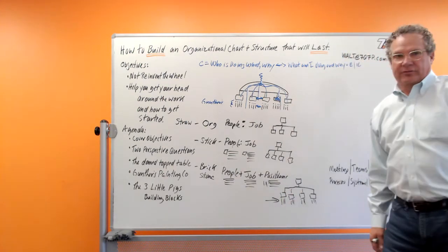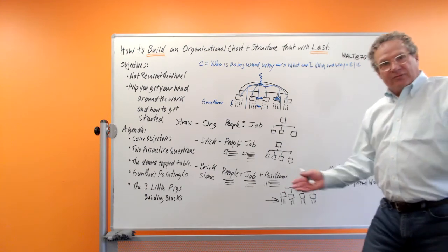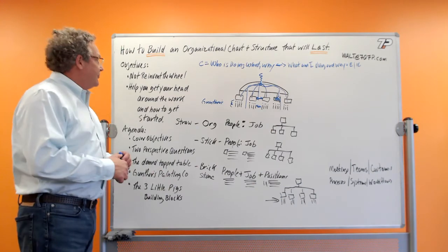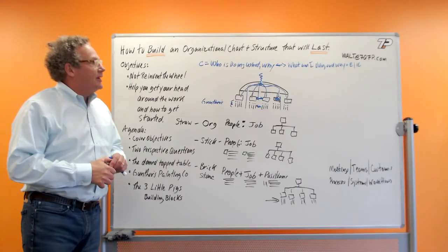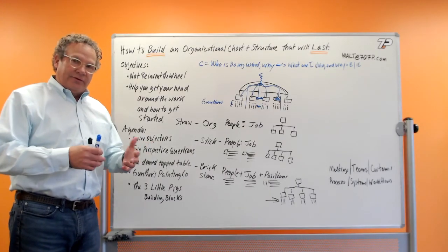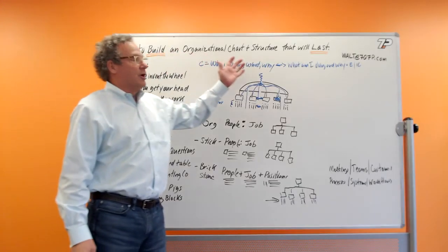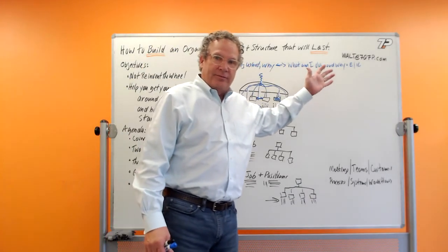These people are going to be answering that question. That's enough for now. It goes deeper, but I hope this helps you understand what you need to do and the depth we need to go to build an organizational chart and a structure that will last.